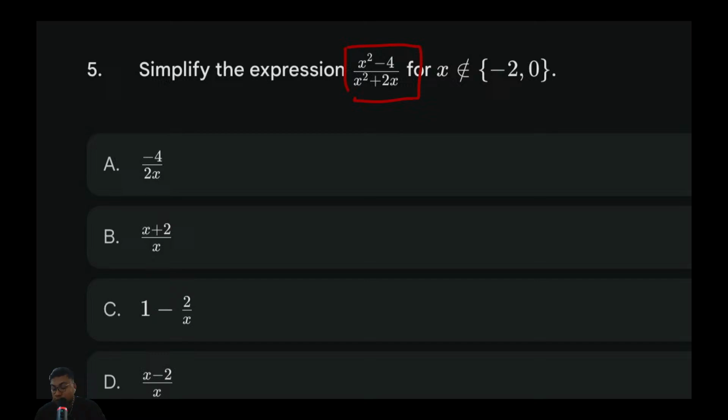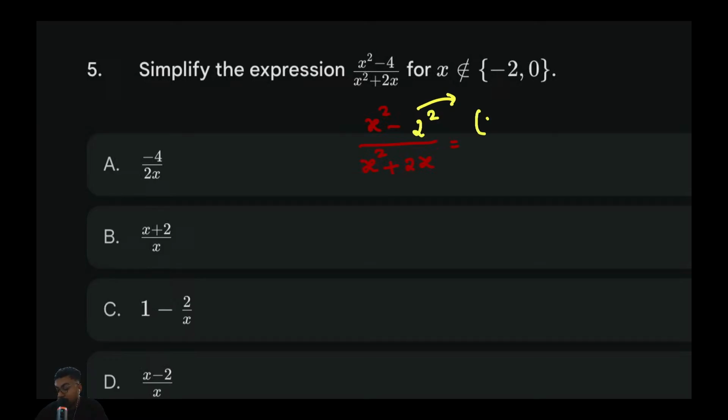Actually, how do we simplify this fraction? We can simplify this fraction, x squared minus 4 over x squared plus 2x, by factorizing both the denominator and numerator. So we can factorize x squared minus 4 by what? 4 can be written as 2 squared, right?